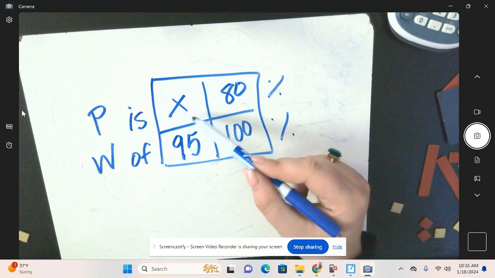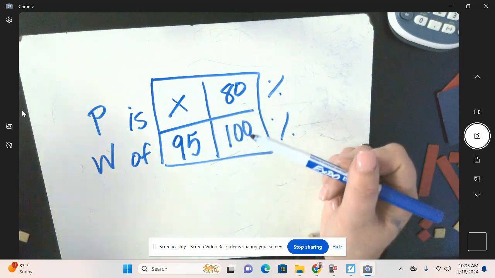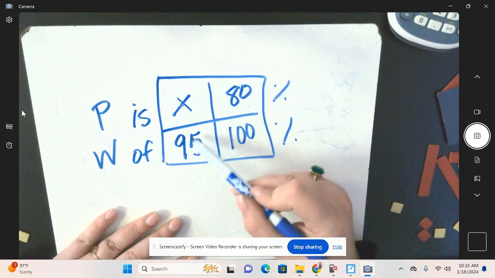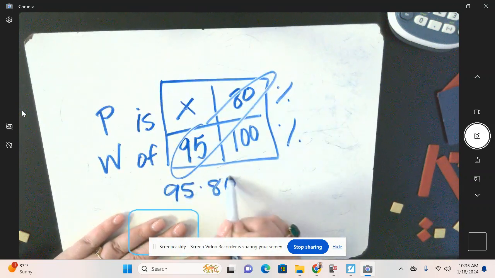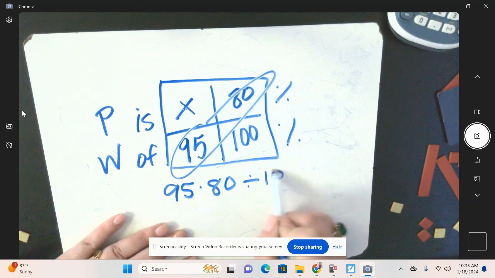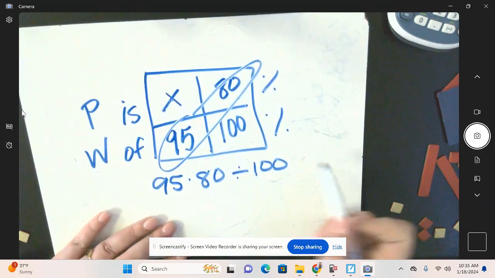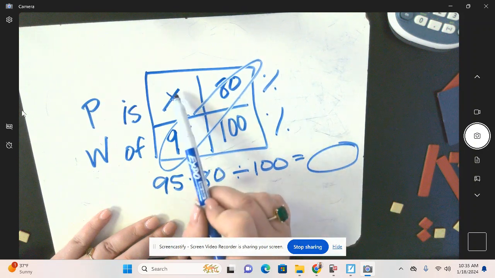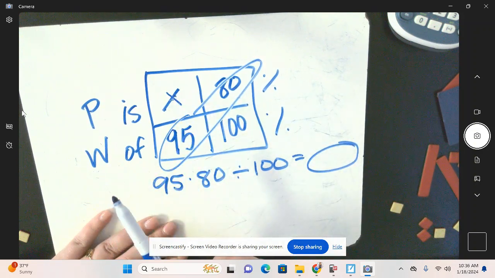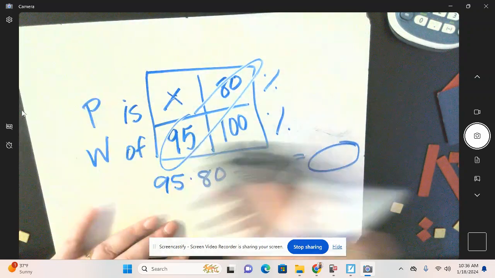How much is 80% of 95? So we're going to solve for x by cross multiplying 95 times 80 and then dividing it by 100. And whenever I get there, it's going to be my answer for how many shots they actually made for number 22.